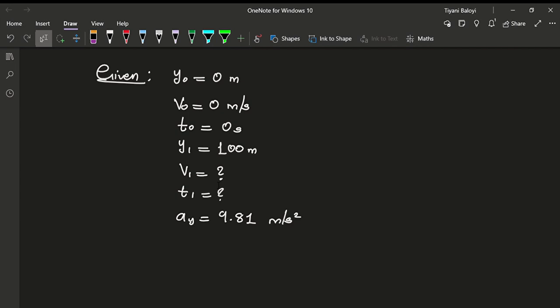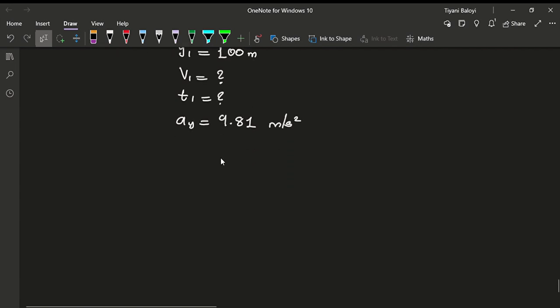Let's select this one, where the final position is equal to the initial position plus the initial velocity times the change in time, plus 1 over 2 a times the change in time squared.